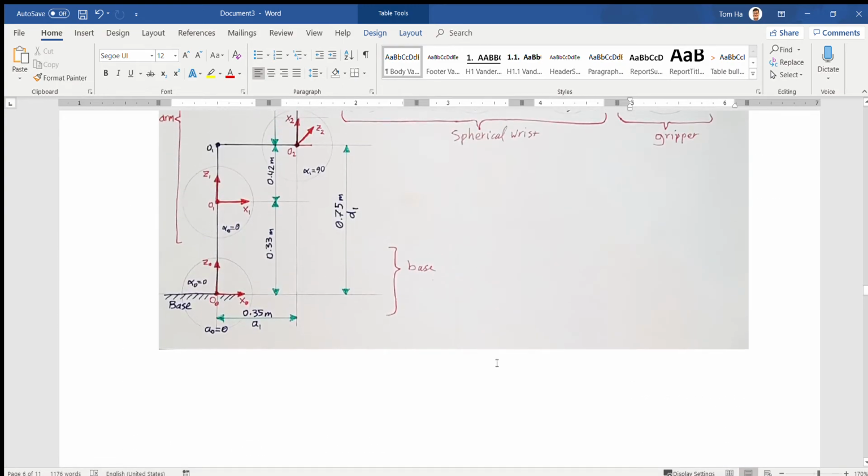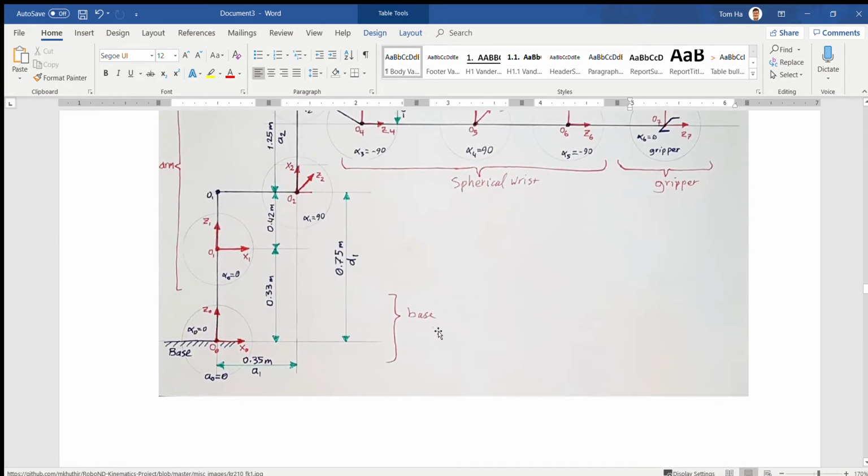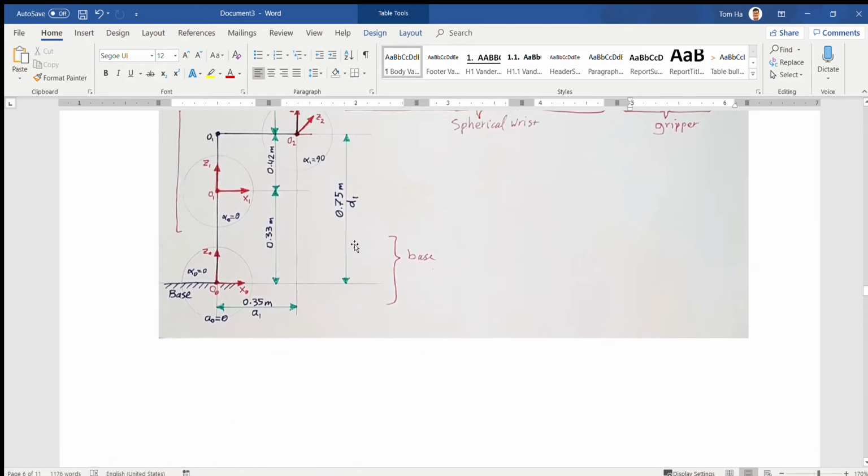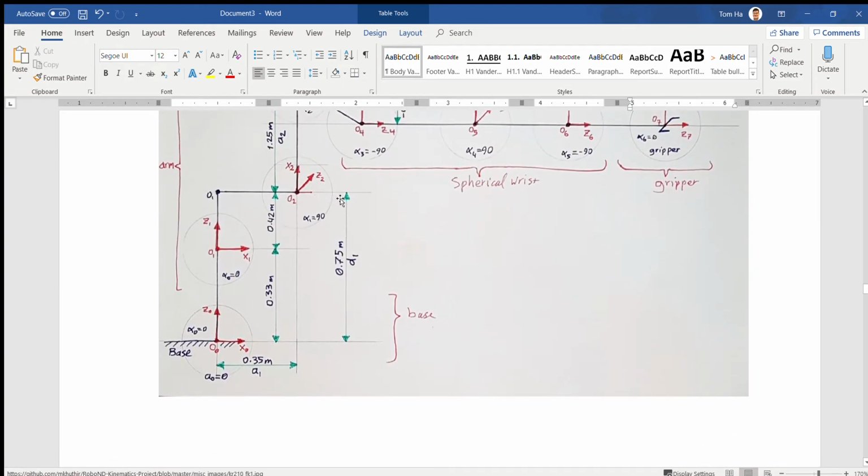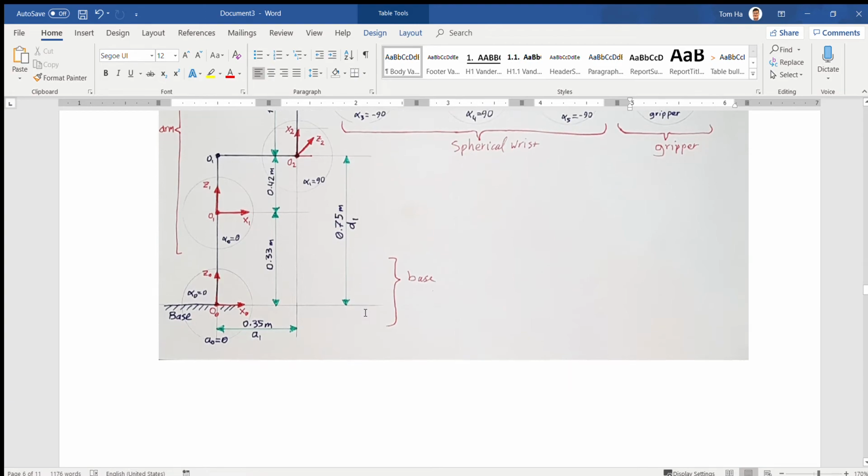D1 means the total distance from here to here. Okay, that means 0.23 plus 0.42. You got the D1.